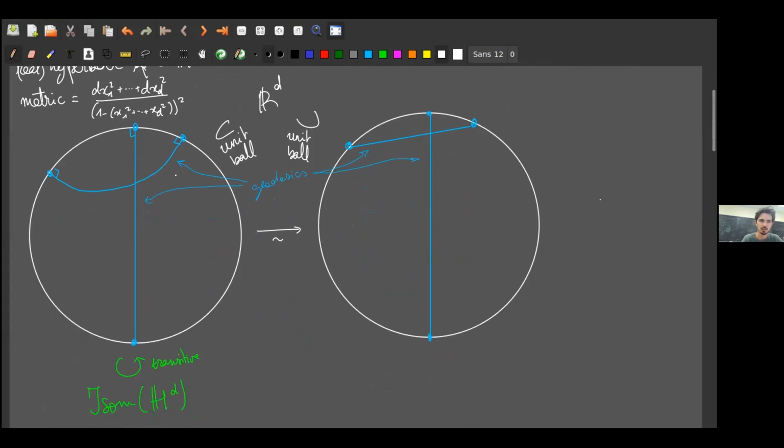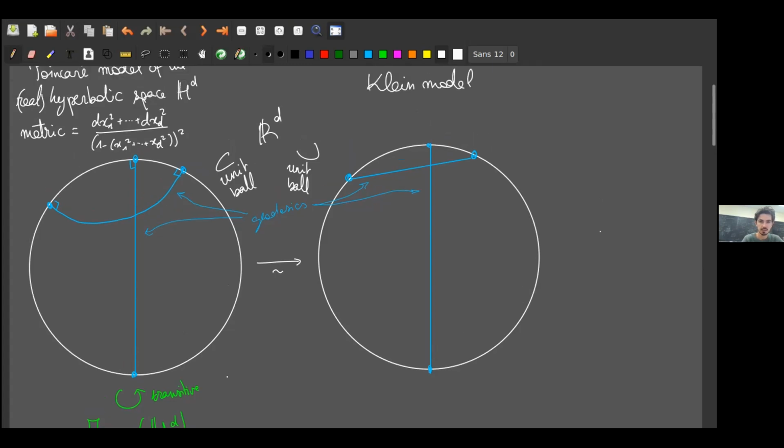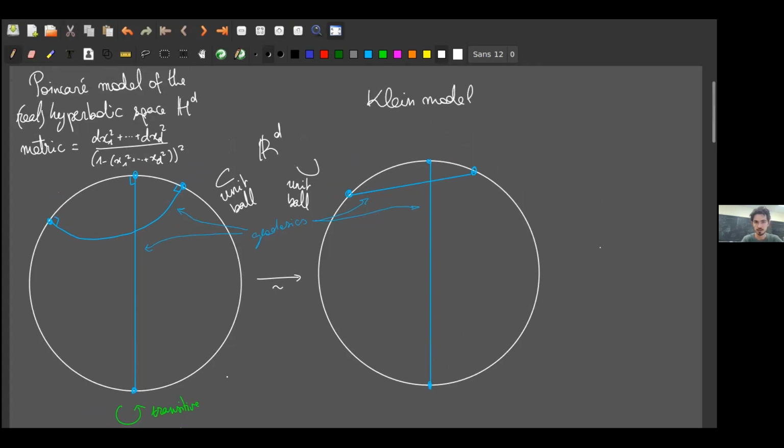In the Poincaré model, geodesics are arcs of circles meeting the boundary orthogonally, and the group of isometries acts transitively. The Klein model is also a unit ball of R^d, but it's not the same model. Maybe the most striking feature is that geodesics, instead of being arcs of circles, are straight lines.